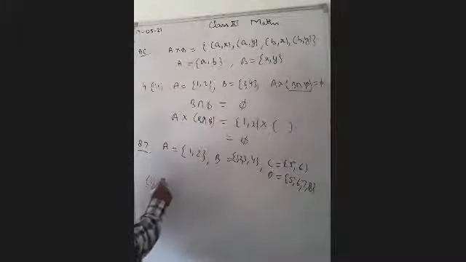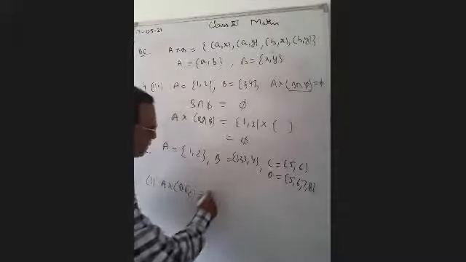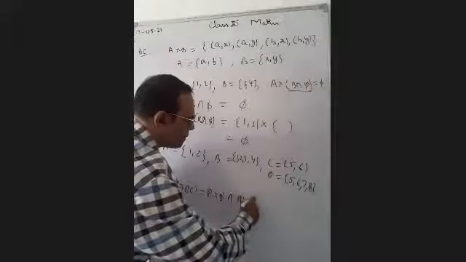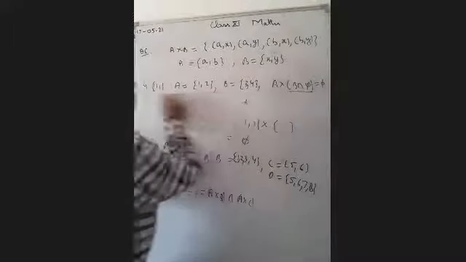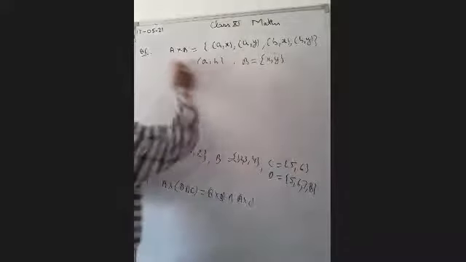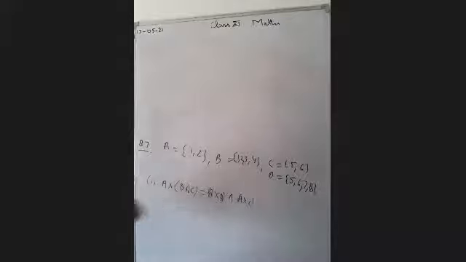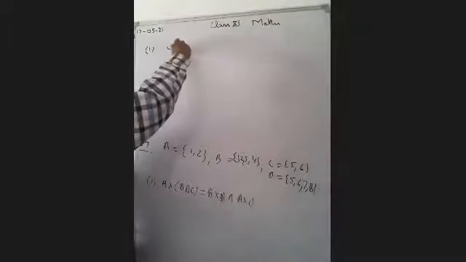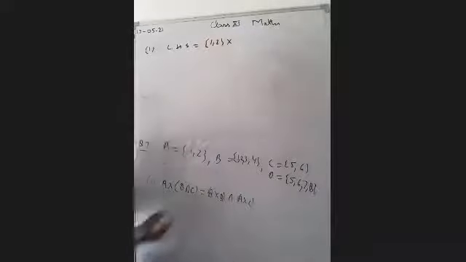A इंटरसेक्शन A क्रॉस B इंटरसेक्शन C इक्वल टू A क्रॉस B इंटरसेक्शन A क्रॉस C. ठीक है, तो इसको वेरीफाई करने के लिए first of all we calculate the value of, I just solve here. ठीक है, लेफ्ट हैंड साइड में there is A क्रॉस B इंटरसेक्शन C. तो लेफ्ट हैंड साइड we are taking, equal to A, the element of set A is 1, 2 cross B intersection C.